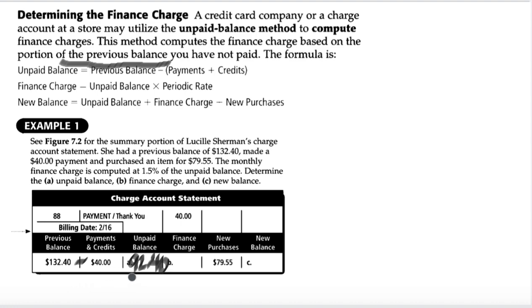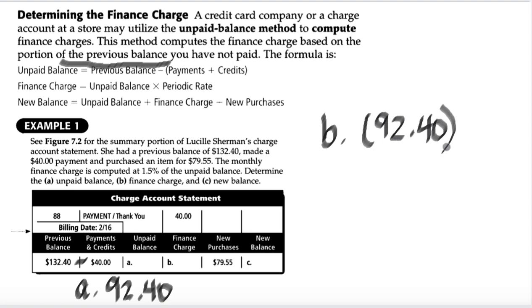I'm going to write this below it. So letter A, you subtract it and should get $92.40. Letter B is the finance charge. In order to find the finance charge, you need to take the unpaid balance, that $92.40, and multiply by the percent that they gave us, which is 1.5%, or 0.015.